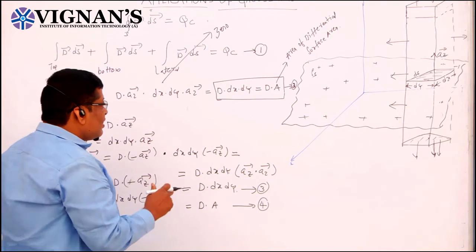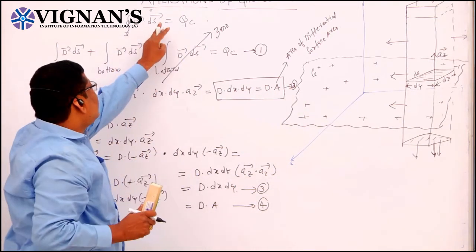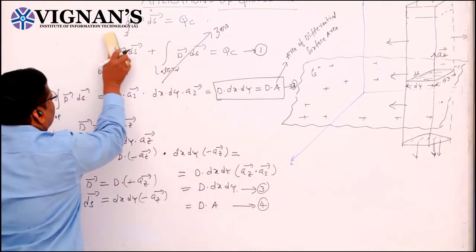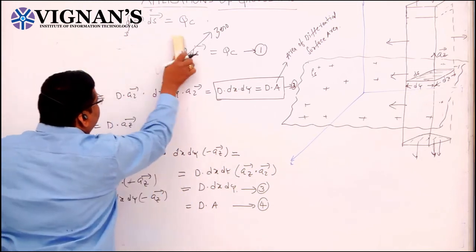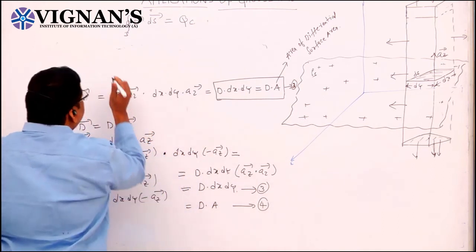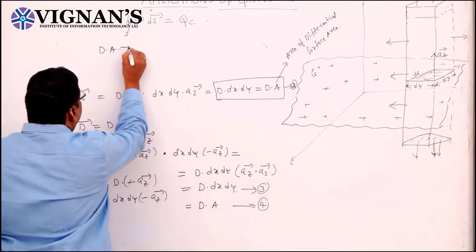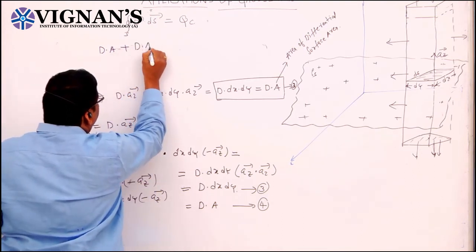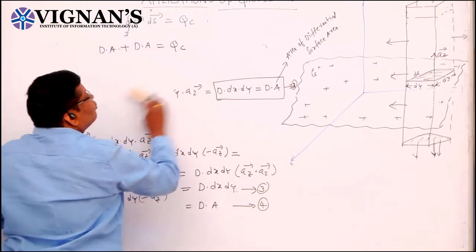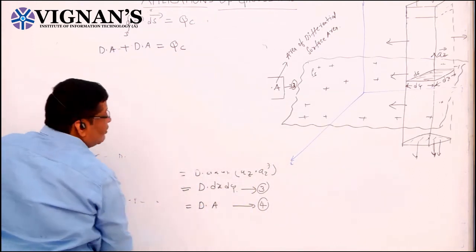Now we are adding equation 2 and equation 4 so that the left hand side of Gauss law becomes complete. If we add these two equations, that is D into A, the area of the sheet, plus again D into A, equal to Qc, nothing but the charge enclosed by the Gaussian surface.